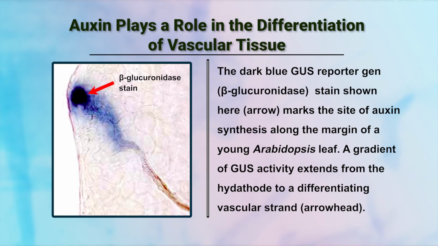Now, this gene is under the influence of an auxin-sensitive promoter. Thus, if there is a blue coloration, that means auxin is present. Now, this deep blue region is a hydathode where auxin is being synthesized.